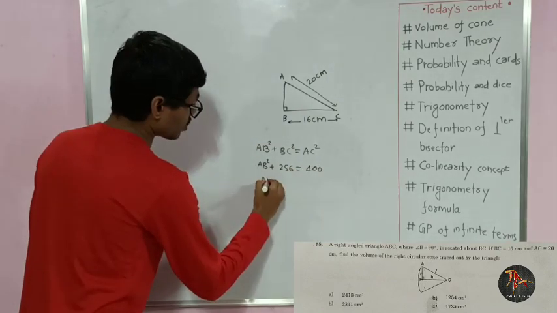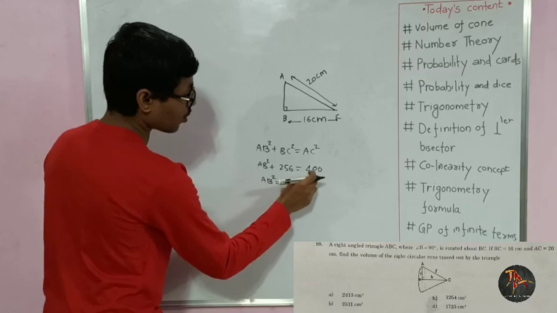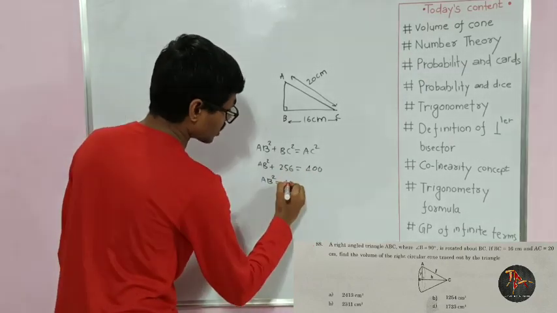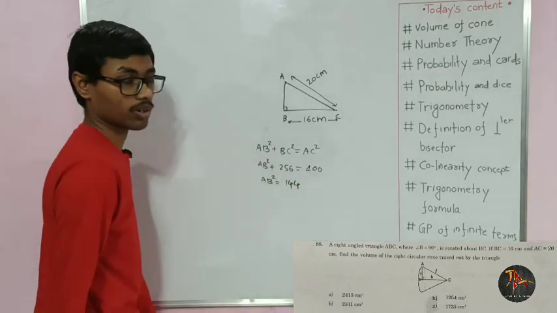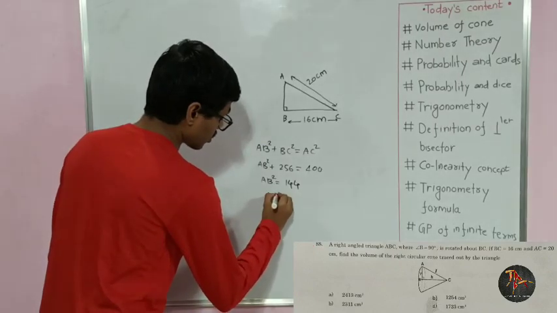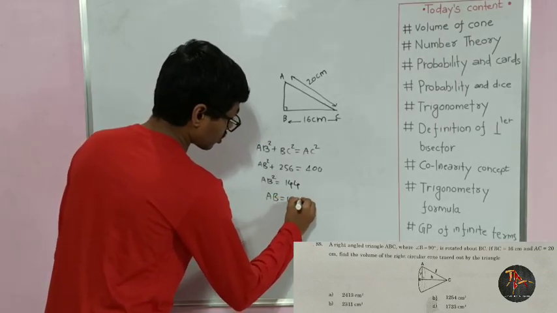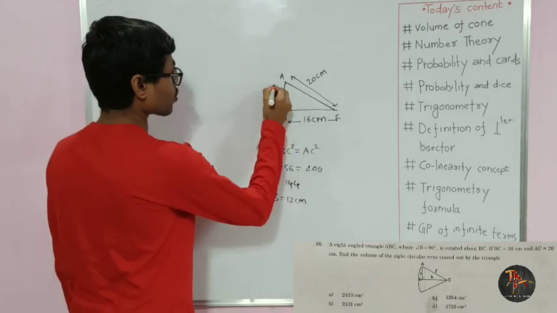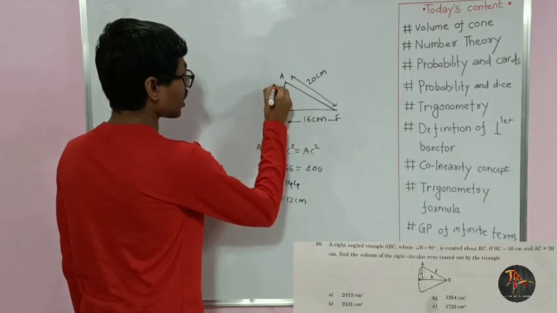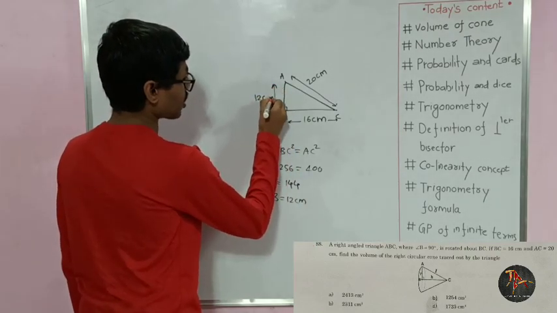Now AB square is equal to 400 minus 256, which is equal to 144. Therefore AB will be 12 centimeter. So AB value is 12 centimeter.